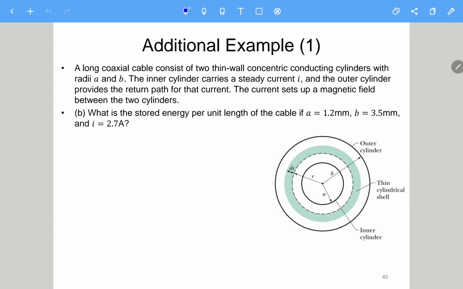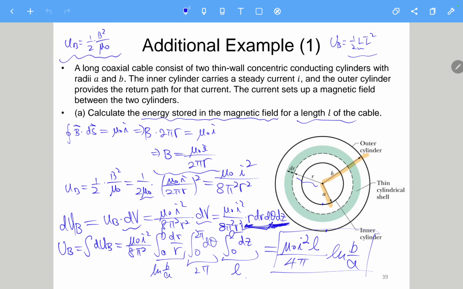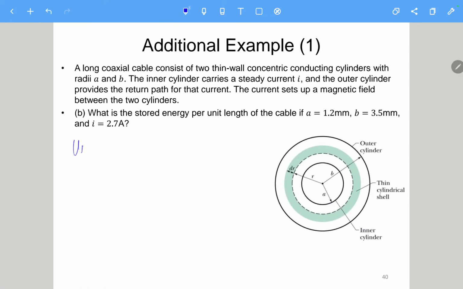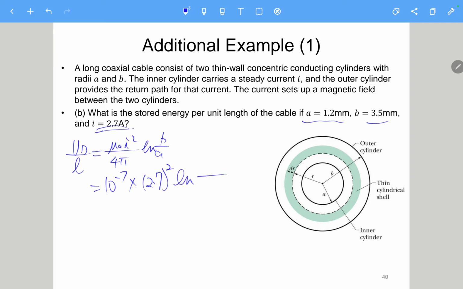And what is the stored energy per unit length? So here we have L on the right side, so we just move this L over. So we should have UB over L is mu 0 I squared over 4 pi times natural log of b over a. And then we just plug in this value and it's done. So mu 0 over 4 pi is 10 to the negative 7. And then times I squared is 2.7 squared, and then natural log of b over a.